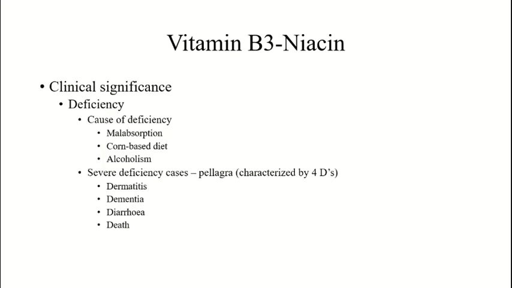Now, deficiency of niacin can be caused by malabsorption, high levels of corn-based diet, and alcoholism. Pellagra is the human disease of niacin deficiency, which means rough skin in Italian. The problem arose from over-dependence on corn, if you eat too much corn, and a loss of traditional alkaline processing techniques which were required to make the nicotinic acid available in corn.